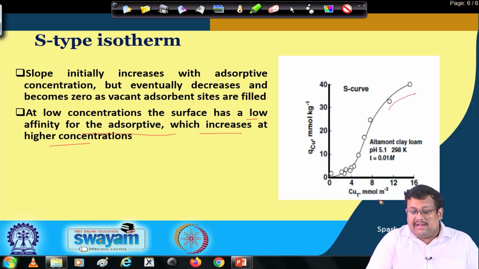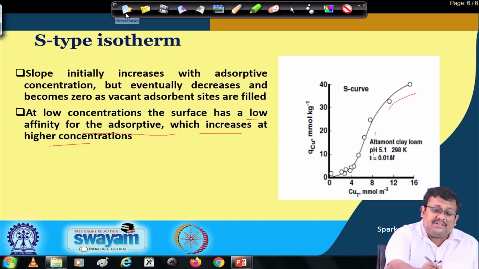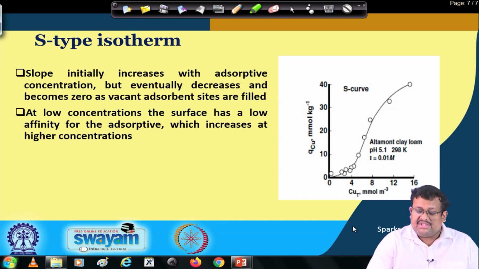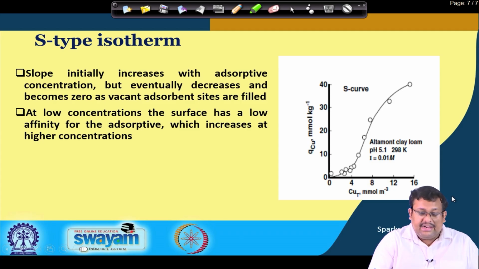As you can see, at higher concentration the surface adsorption generally increases. However, at the lower concentration the surface has a low affinity for the adsorptive. So, we can see this is an S type isotherm. We have already discussed this. I am just giving you a quick recap.